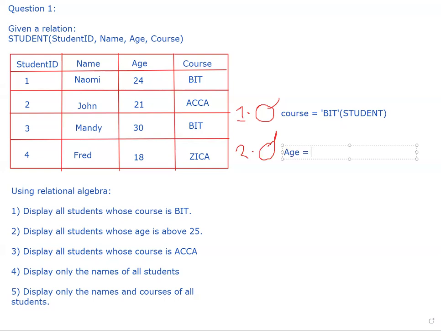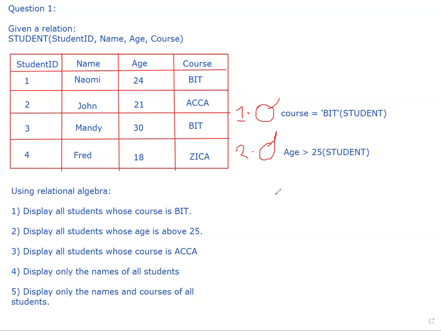Age is above 25, so instead of saying equals, you say age is greater than 25, and you specify that all this is coming from the table called student. That's pretty much it. That is your relational algebra statement to display students whose age is above 25.